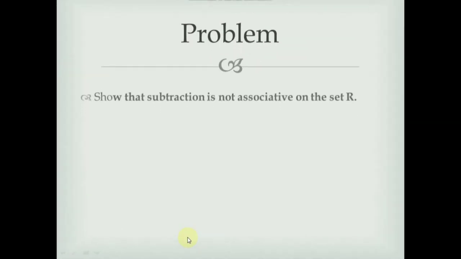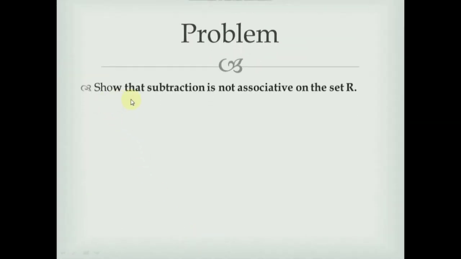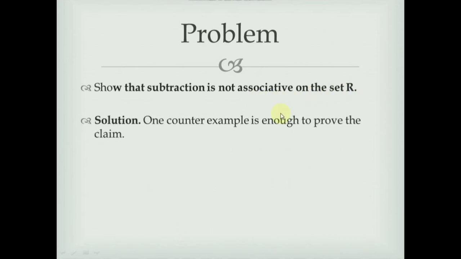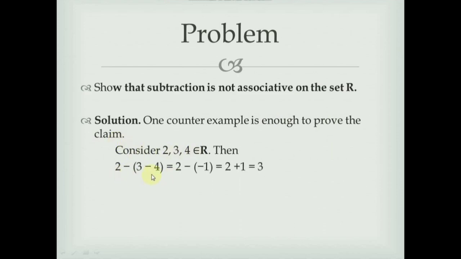Now we will consider one problem. Show that subtraction is not associative on the set of real numbers. One counter example is enough to prove this claim. Consider 2, 3, 4 as the real numbers. 2 minus (3 minus 4) is equal to 2 minus (minus 1), which is 2 plus 1, equal to 3.